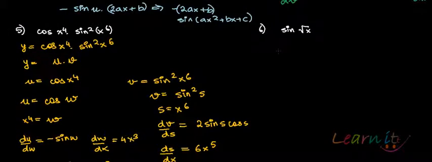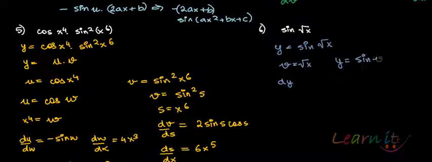Okay, now the last question in this is sine of root x. This is simple enough. Y is equal to sine root x. Say v is equal to root x. So the function has become y is equal to sine of v.